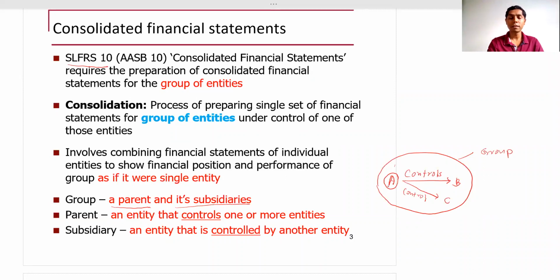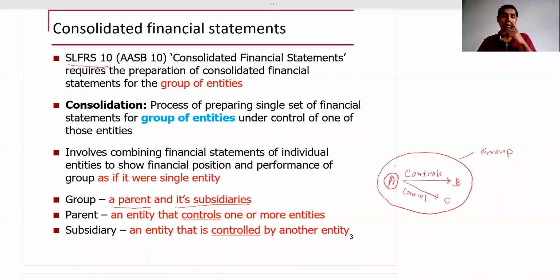Then who is a subsidiary? A subsidiary company is an entity which is controlled under the parent. Parent කෙනෙක් යටතේ control වීමට භාජනය වෙන entity එකක් තමයි subsidiary company එකක් කියලා කියනවා. All these are very simple, yet you have to remember, because whenever a question arises, you should be able to say what is a group, what is a parent, what is a subsidiary company.